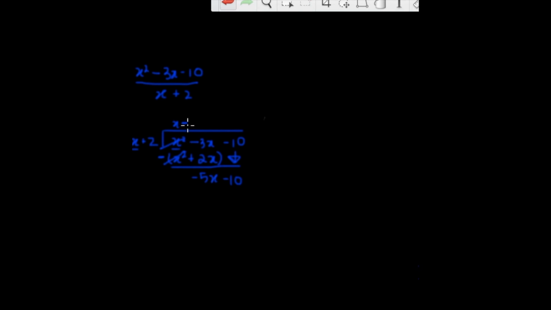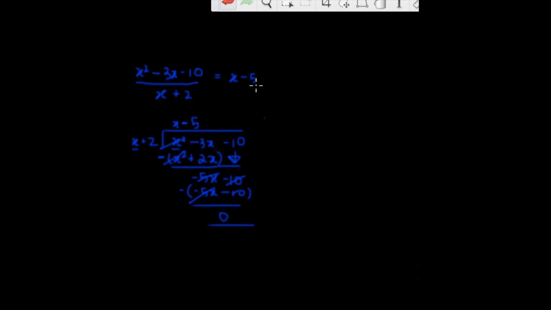So you put the negative 5 here to get x minus 5, and then multiply negative 5 with x and then 2. That'll give you negative 5x minus 10. Now, like the step before, you also distribute the negative sign to both negative 5x and negative 10. That would give you positive 5x, canceling these terms out, and positive 10, and that would also cancel these two and give you a remainder of 0. So the final answer to this question would be x minus 5.